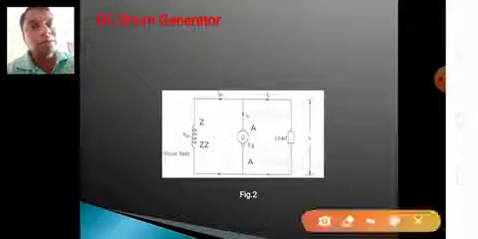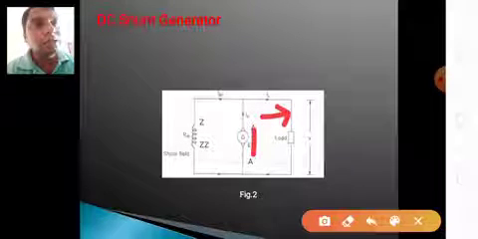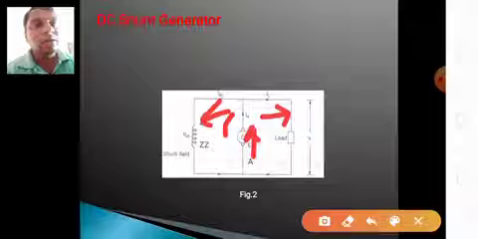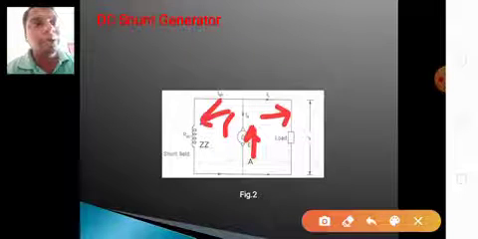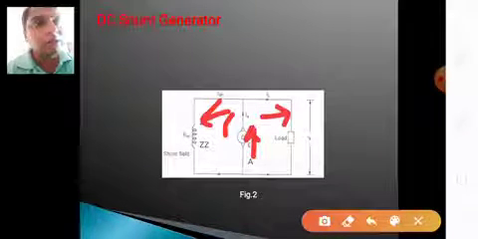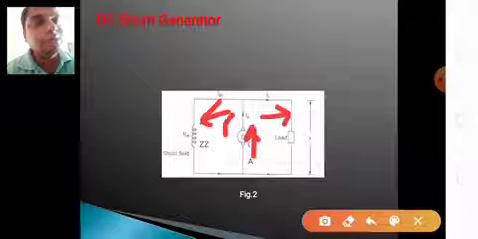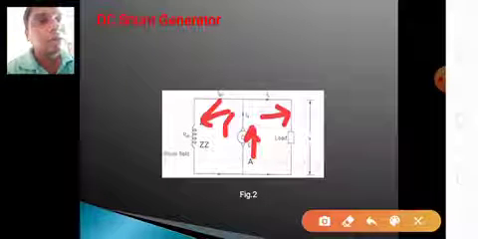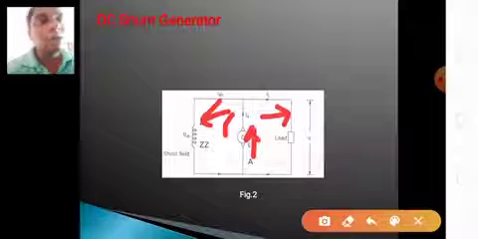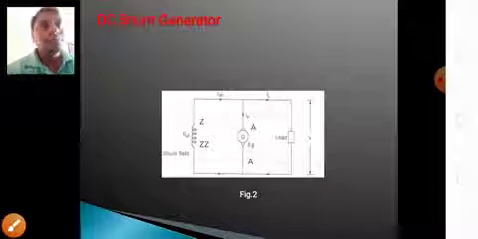Here is the load current, here is the armature current, here is the shunt field winding, because it is parallel to the armature, so it is the shunt field current ISH. The total current is IA equal to ISH plus IL, where IL is the load current, ISH is the shunt field current, and IA is the armature current.